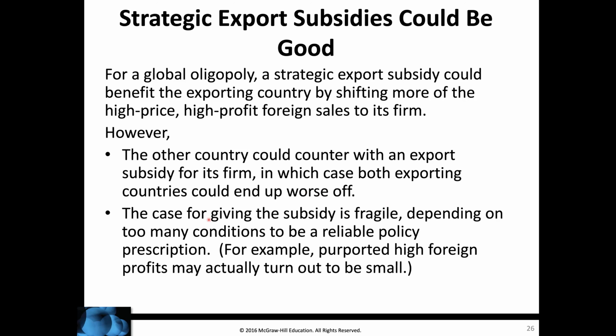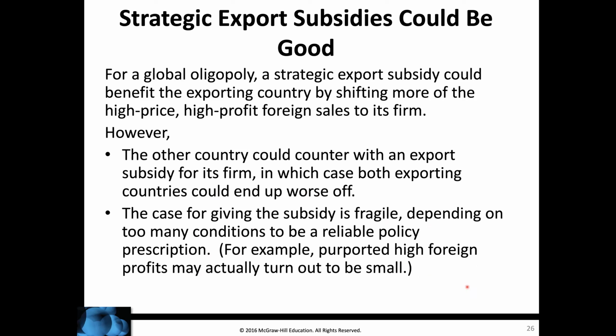So the case for giving the subsidy is very fragile, depending on too many conditions to be a reliable policy prescription. For example, purported high foreign profits may actually turn out to be small. So the policymakers may be tempted, especially when a particular industry wants favorable treatment.